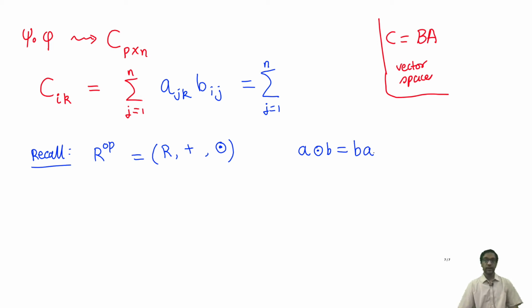So given a ring, there is this opposite ring in which the multiplication is just the product in the other order. And so what we can do now is, instead of a_jk b_ij, think of it as b_ij into a_jk, except that this product is taken in the opposite ring. So now I'm going to take the opposite product, and that's already nicer.